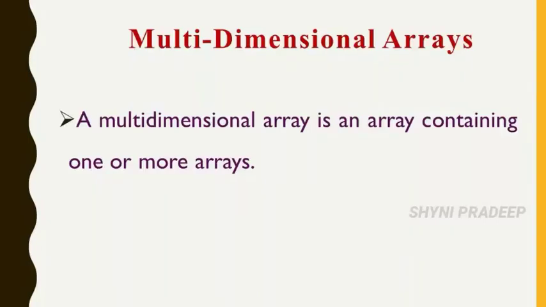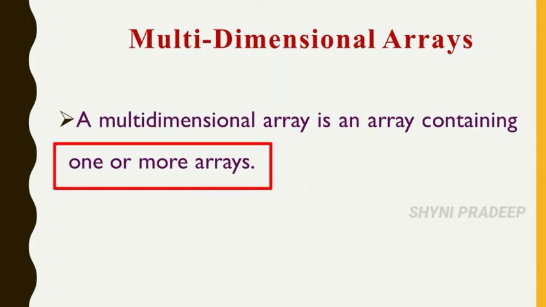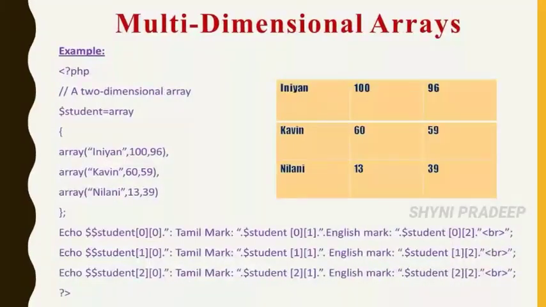Next let us see multi-dimensional arrays. If an array contains one or more arrays, then that is called a multi-dimensional array. A multi-dimensional array is an array containing one or more arrays. See this example. This is the opening tag, this is the closing tag, and student is equal to array. Here student is the variable name, array is the keyword.